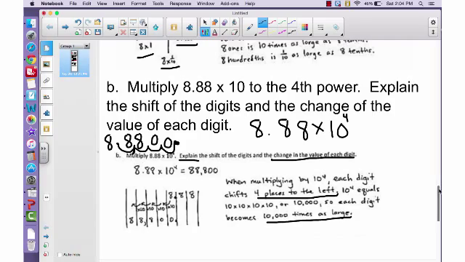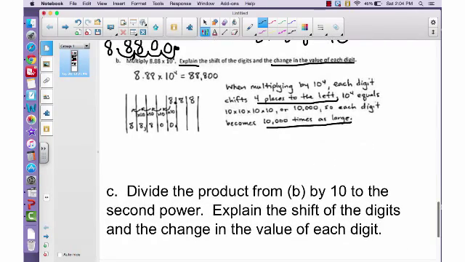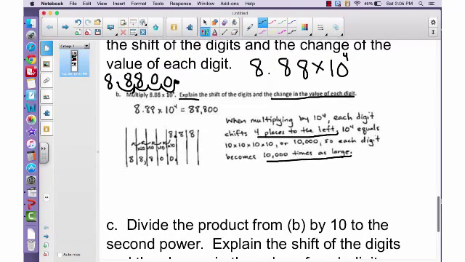What was tricky about letter C is that they asked you to divide the product from B. You needed to remember that the product is the answer to a multiplication problem. In letter B, when we multiplied 8 and 88 hundredths times 10 to the 4th, we got 88,800.